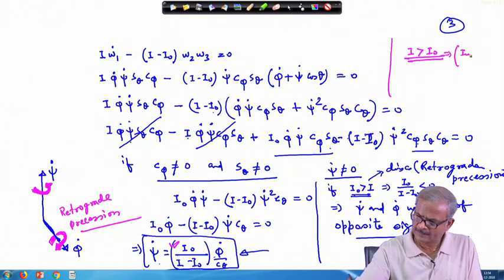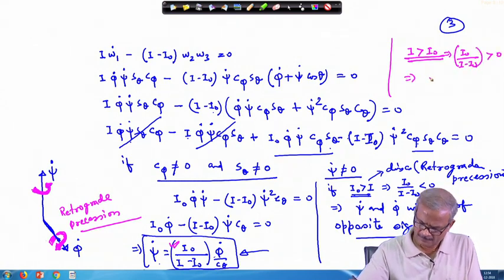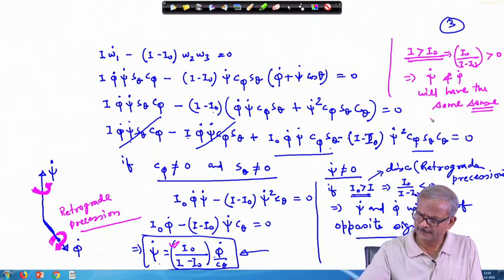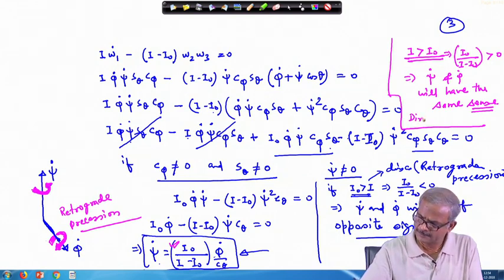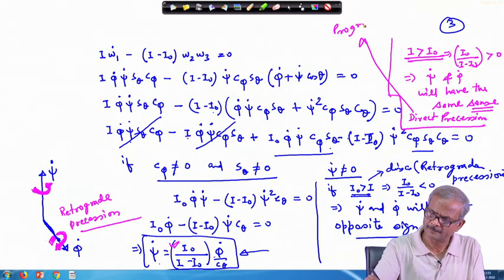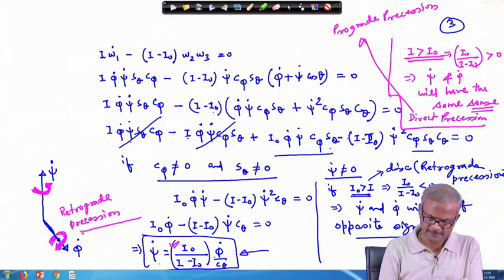This implies that I 0 divided by I minus I 0 is greater than 0, and this implies psi dot and phi dot will have the same sense, which we have written as the direct or prograde rotation or precession. This is the direct precession, also called the prograde. This is retrograde. So, this is prograde.